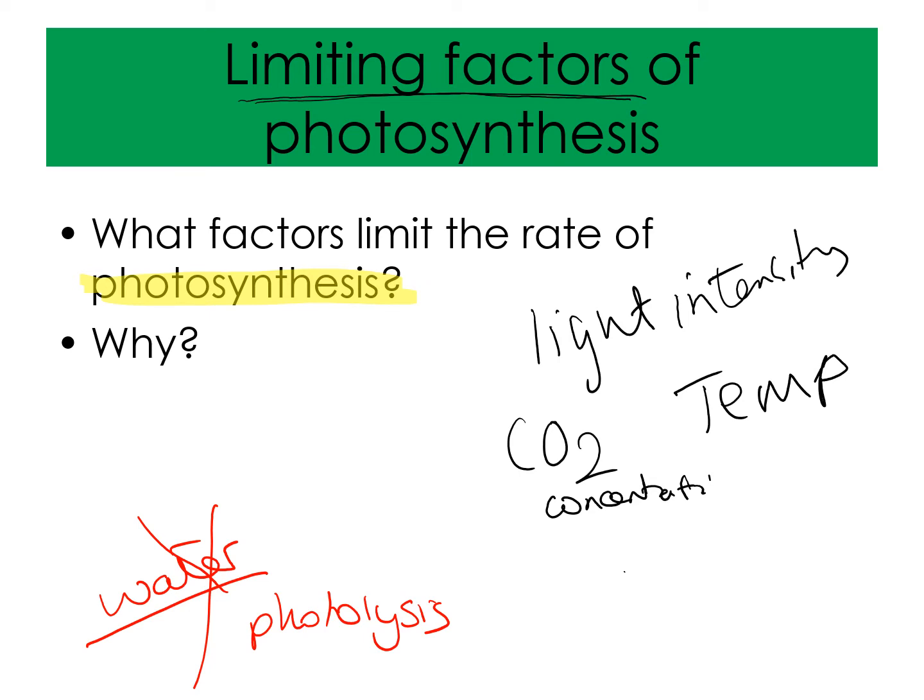Okay, so if there is a high light intensity and photosynthesis is taking place, then the stomata are open to allow carbon dioxide to enter the cell for this process.